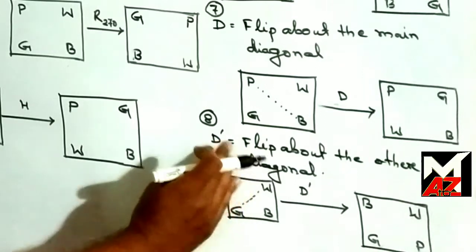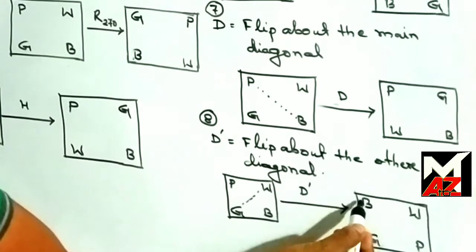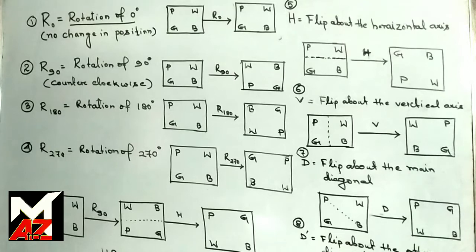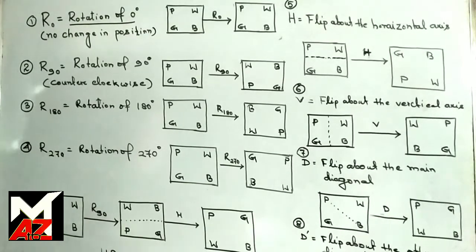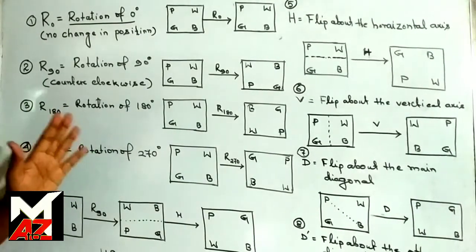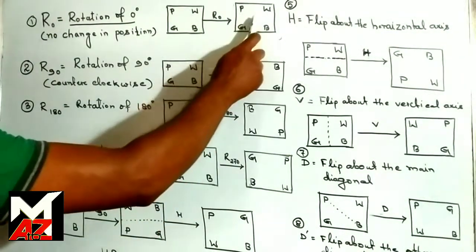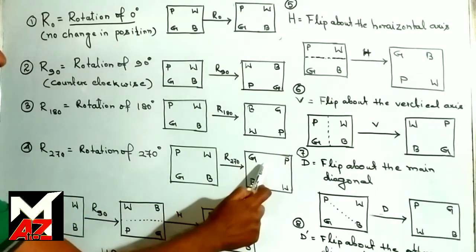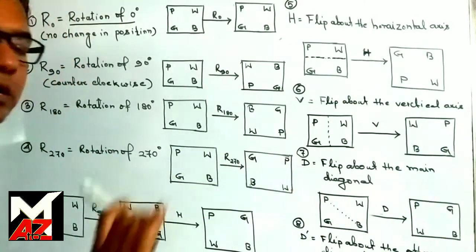Under D dash, P and B stay, G and W are swapped. These 8 positions are the only 8 different positions of the square, and they are the elements of this group: R0, R90, R180, R270, H, V, D and D dash.